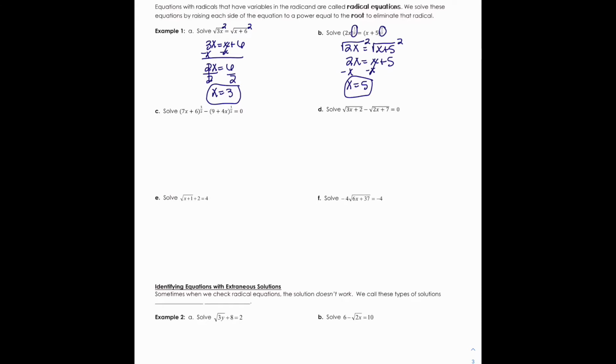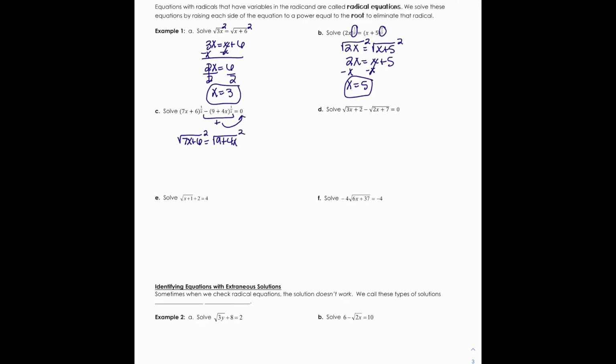Okay, on c, remember if it's raised to a half power, that is the same thing as a square root. But what I need to do is move this to the other side by adding it. So I'm going to add it and move it over to the other side. So then it's going to look like the square root of 7x plus 6 equals the square root of 9 plus 4x.